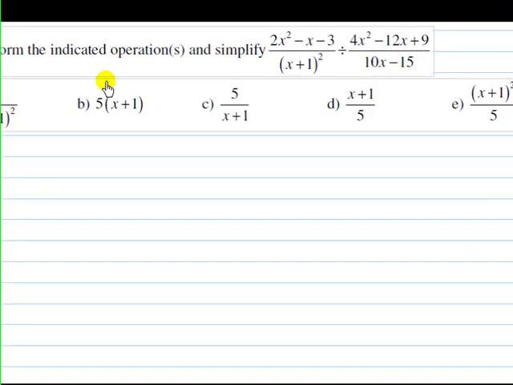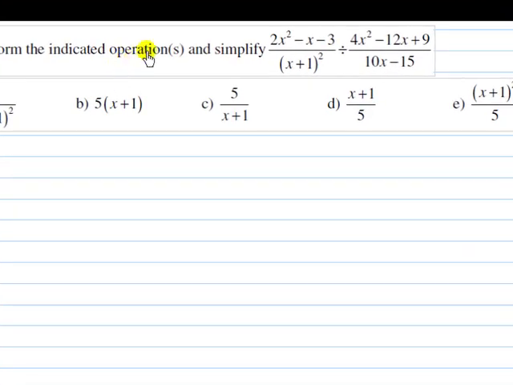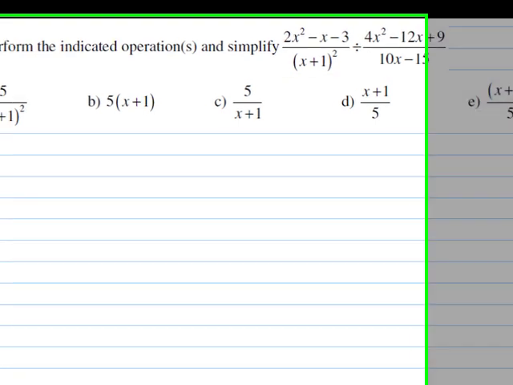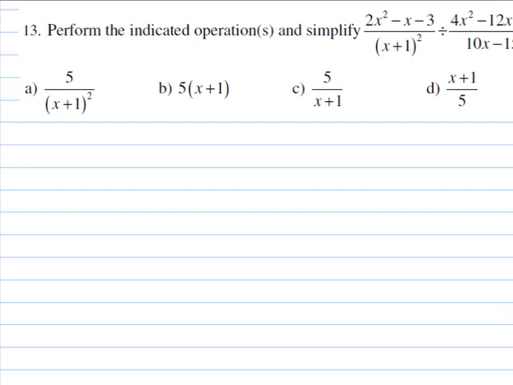Perform the indicated operations, number 13. So we have a fraction divided by another fraction. As you know, to divide fractions, we are going to keep the first fraction, which is 2x squared minus x minus 3 over x plus 1 squared.